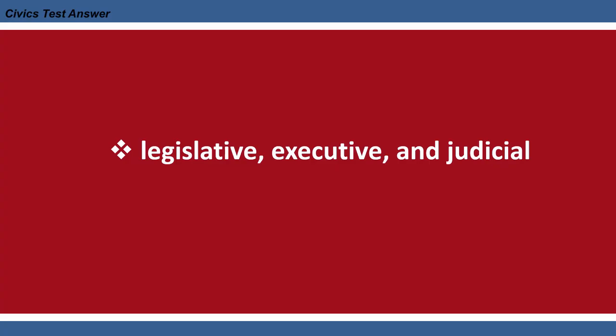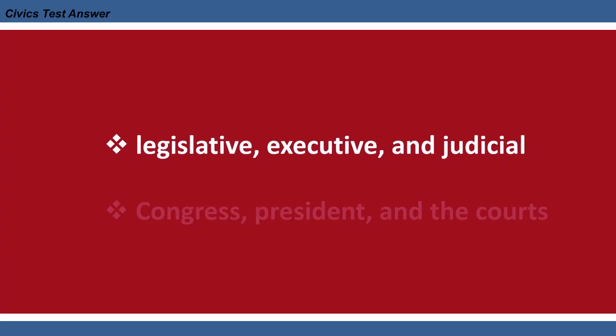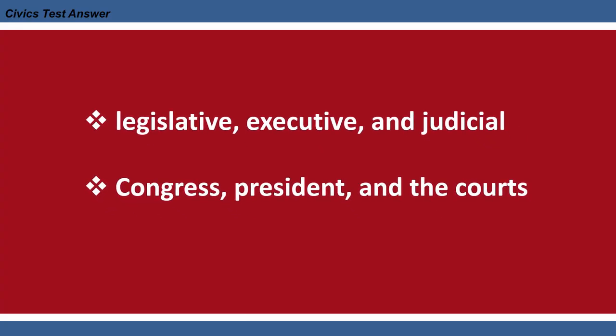The three branches of U.S. government are the legislative branch, the executive branch, and the judicial branch. Each branch of government has a different set of powers and responsibilities. Congress, the President, and the courts carry out the work of the three branches of U.S. government.